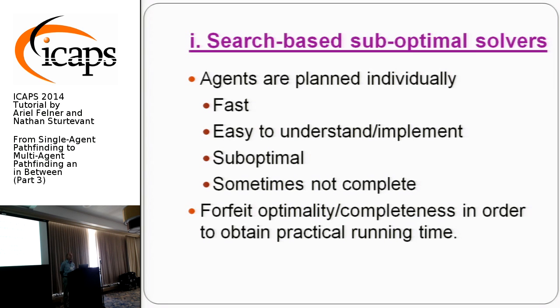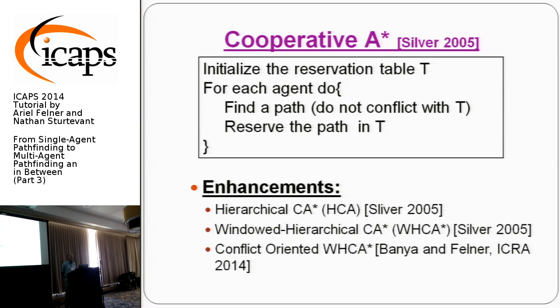Sometimes they are not even complete. So they forfeit optimality and completeness in order to obtain practical runtime. A canonical example is hierarchical A star and its enhancement. What I do is take the first agent, plan a path for it, and then do a reservation.